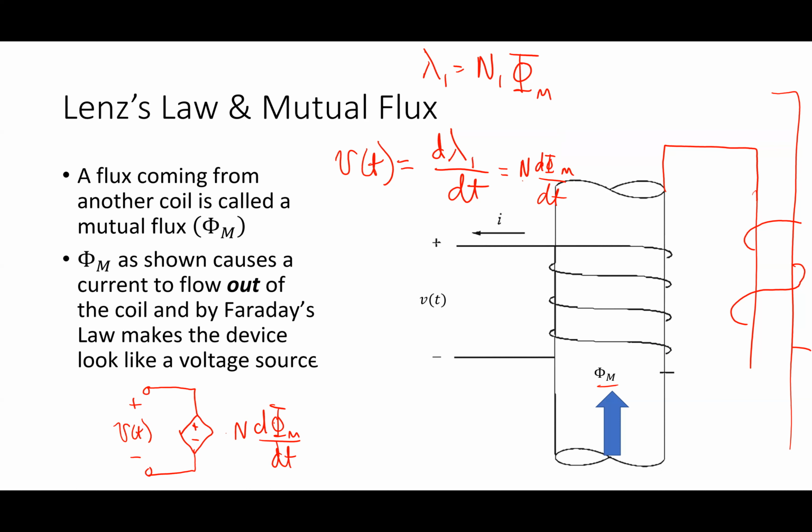This is like a dependent source, dependent because somehow it depends on a flux that's coming from some other place. We're trying to make sense of that in a second, but that's basically what I have here. And what this is saying is if phi m is going up through this coil, as I've shown, then the current will flow out of the coil and the voltage will have the polarity shown right there.